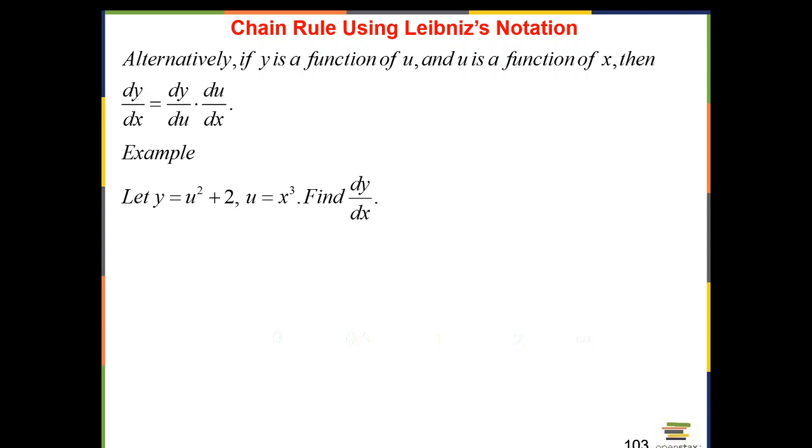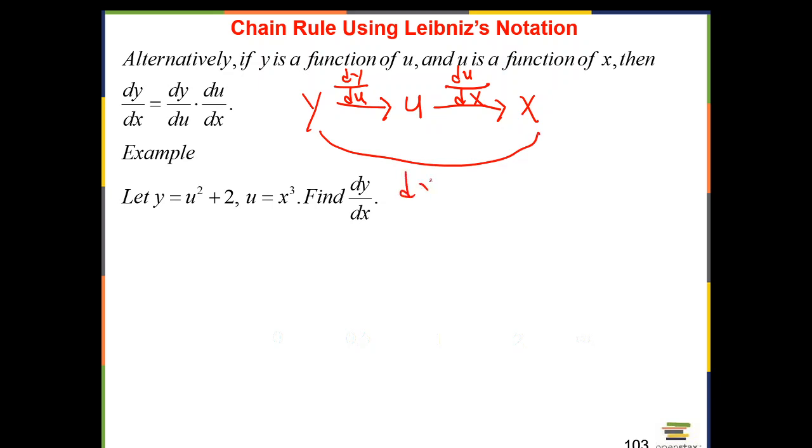Let's do one more example with a new notation. So if y is a function of u and u is a function of x, then the derivative of y with respect to u would be dy du, right? And the derivative of u with respect to x would be du dx. What if you want dy dx? Well, dy dx would be that times that.